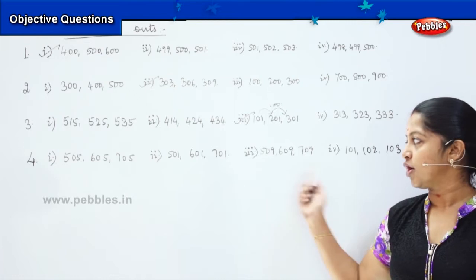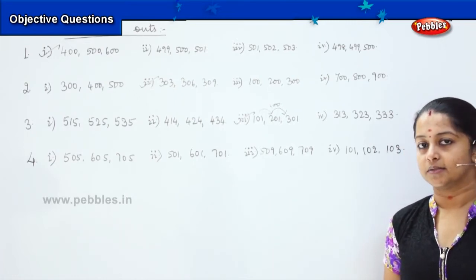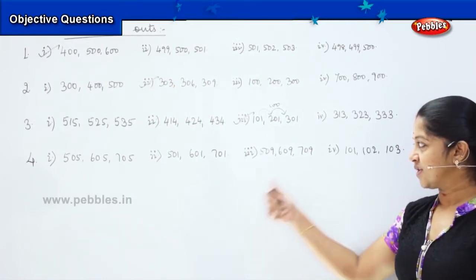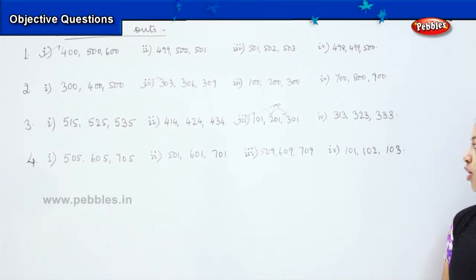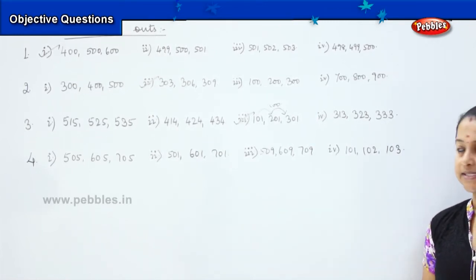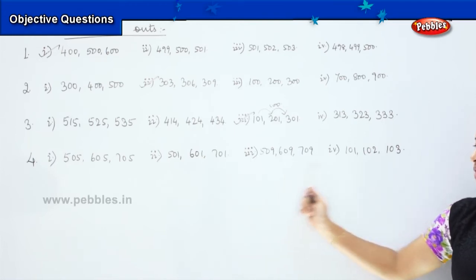Can you tell me what is the odd one out in this given sequence? See the question properly and tell me which is the odd one out in this given sequence. Is it option 1, 2, 3 or 4?